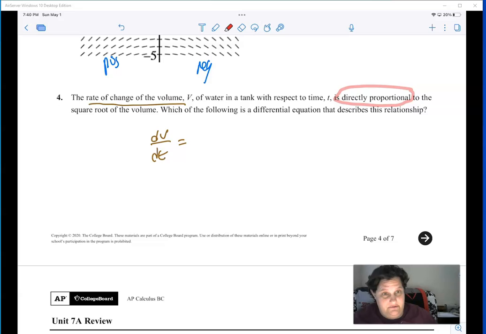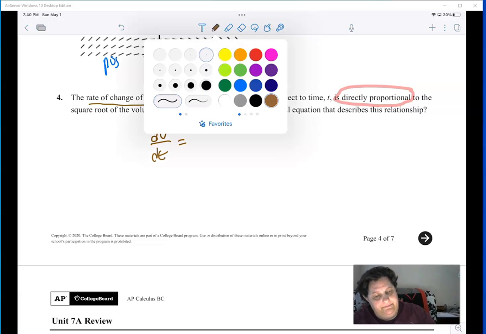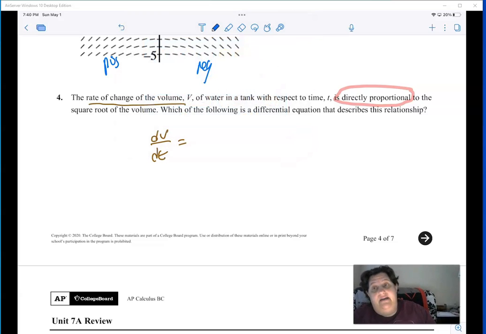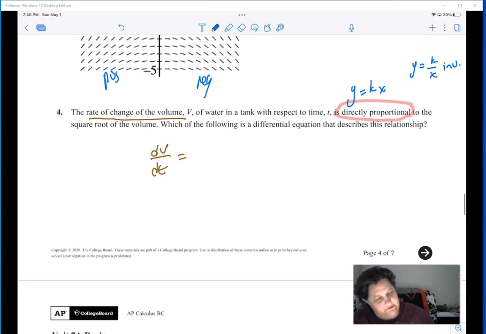I don't even know if we teach it anymore. Directly proportional is an equation that looks like that. It means as x gets bigger, y gets bigger. Inversely proportional is an equation like that.